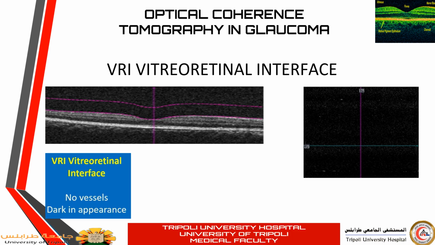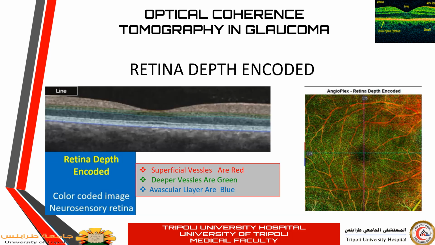This picture is very helpful if there is any pre-retinal membrane, pre-retinal hemorrhage, or vascularization or new vessels, which will be seen in this area. So this is the VRI, the vitreoretinal interface. Usually and normally it appears dark.